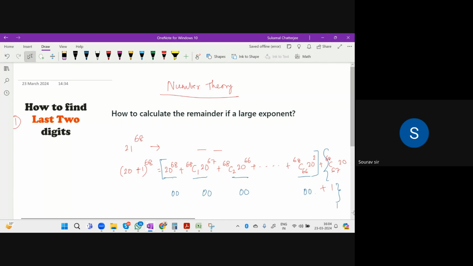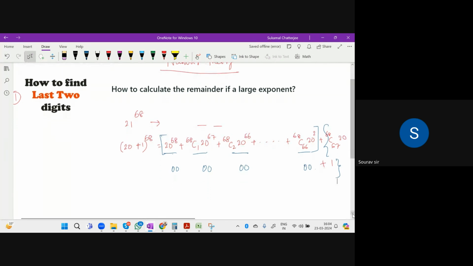And what are those digits? 68C67 means 68C1, which is 68 into 20 plus 1. That is 1360 plus 1, which is 1361.